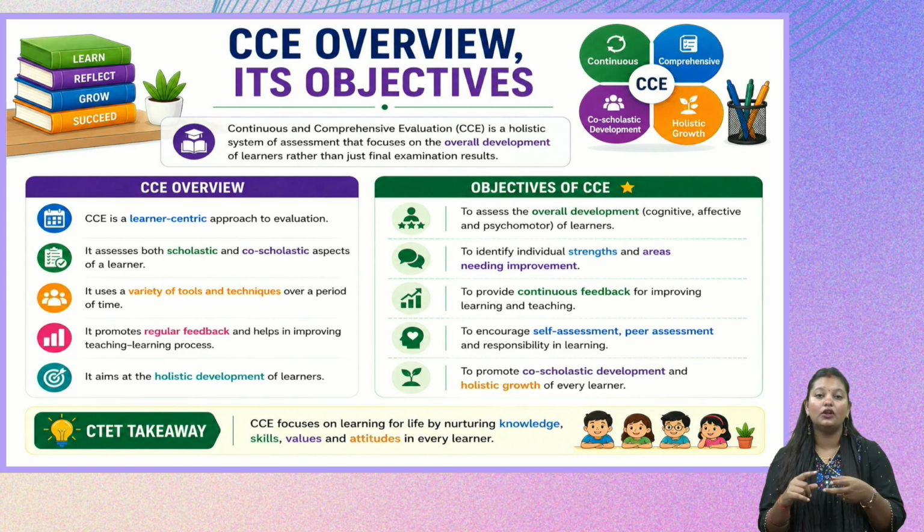And on the principle that children can excel in various fields or various domains of learning, not just the cognitive aspects, we included a holistic system of assessment that will focus on the overall development of learners rather than just the final examination.